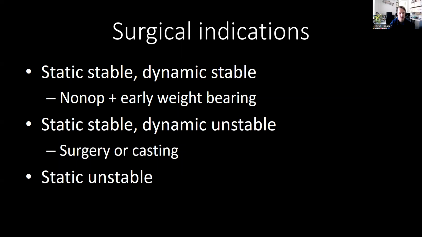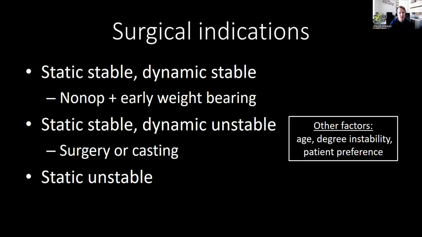I don't think they should be treated with early mobilization in a cast, but certainly casting with delayed mobilization is reasonable for many of these injuries. The decision here ultimately rests with other factors like the patient's age, the degree of instability, and patient preferences. For me, it's often a shared decision and a discussion in the clinic about whether they would prefer the risks of surgery or the risks of non-operative treatment.